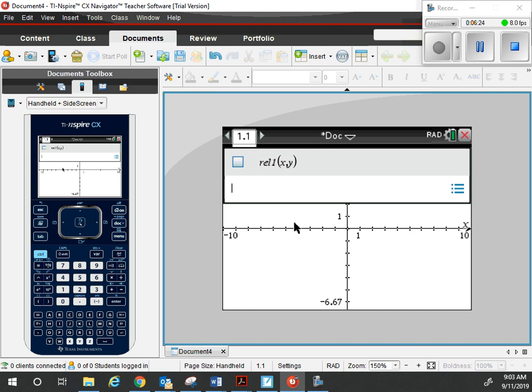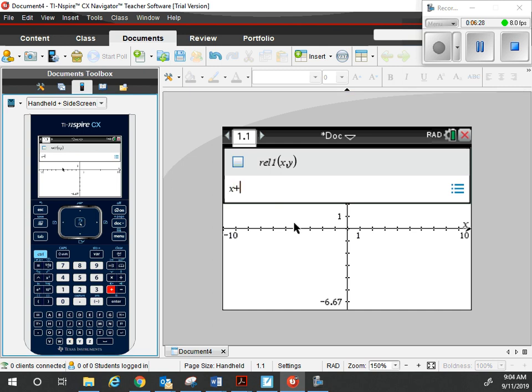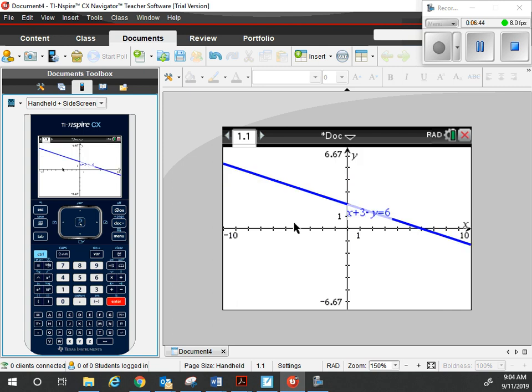So if you type in the original x plus 3y equals 6, that equal sign is right below the control. Type it in just as it appears and push enter. It should be the same line that you have graphed.